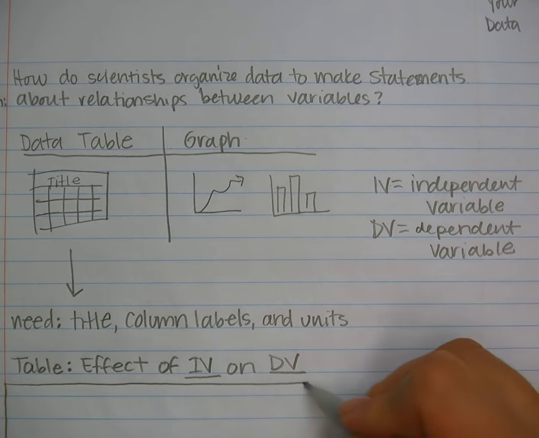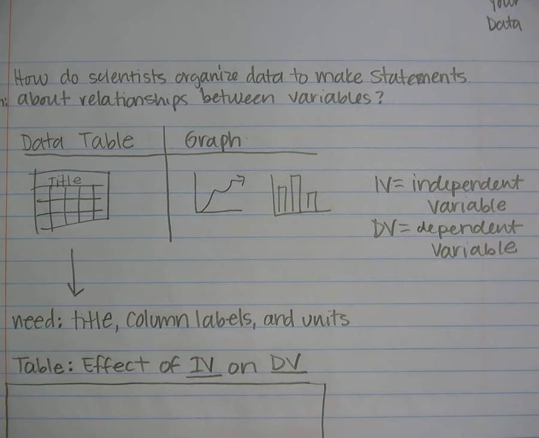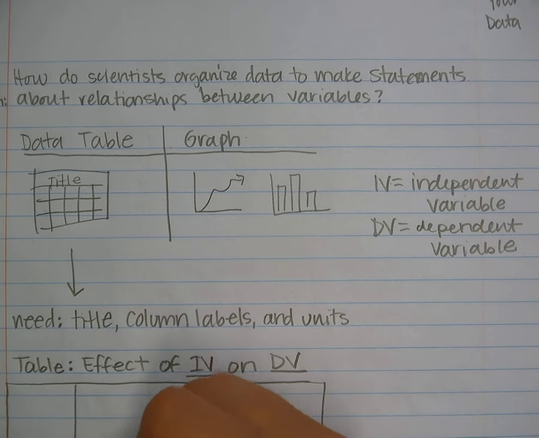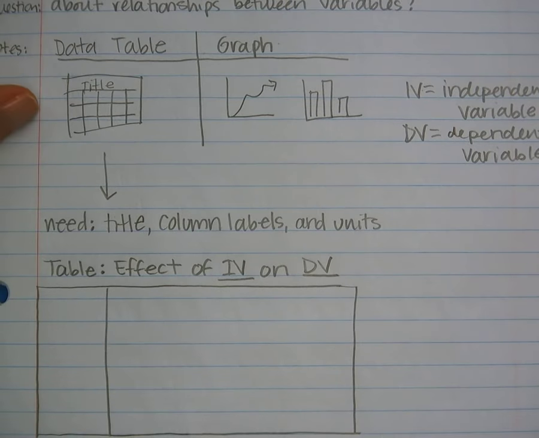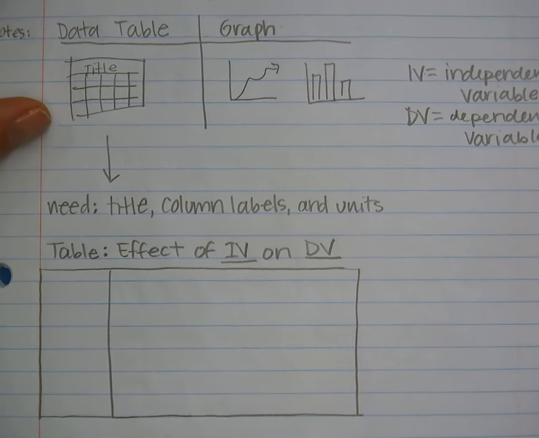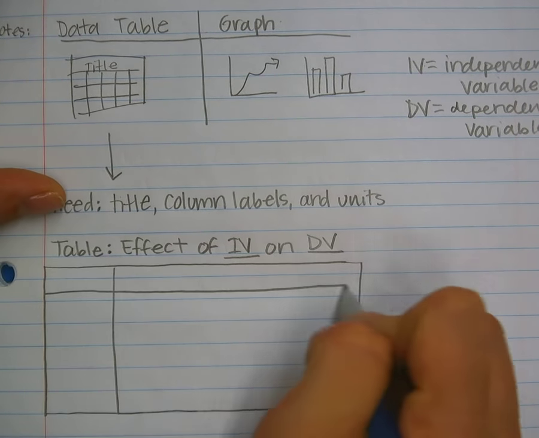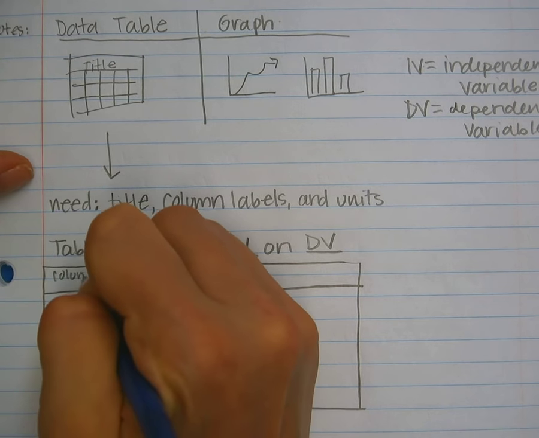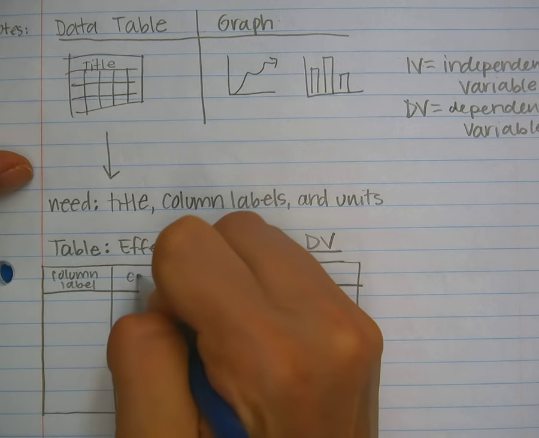The title goes at the top, nice and big. And the data table usually looks something like this. The column label will go here. And the other column label will go here.